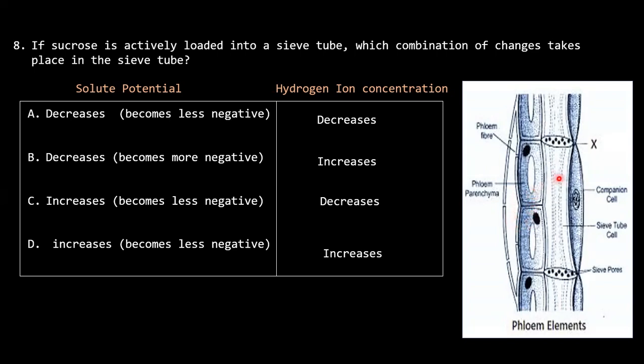Now, sucrose that is made in the leaf is pushed into the sieve tube by active transport, directly into the sieve tube, and also sucrose is put into the companion cells and finally ends up in the sieve tubes. So sucrose manufactured in the leaves is loaded, filled, pushed into the sieve tubes. And when sucrose is pushed in, what happens to the solute potential? It will increase.